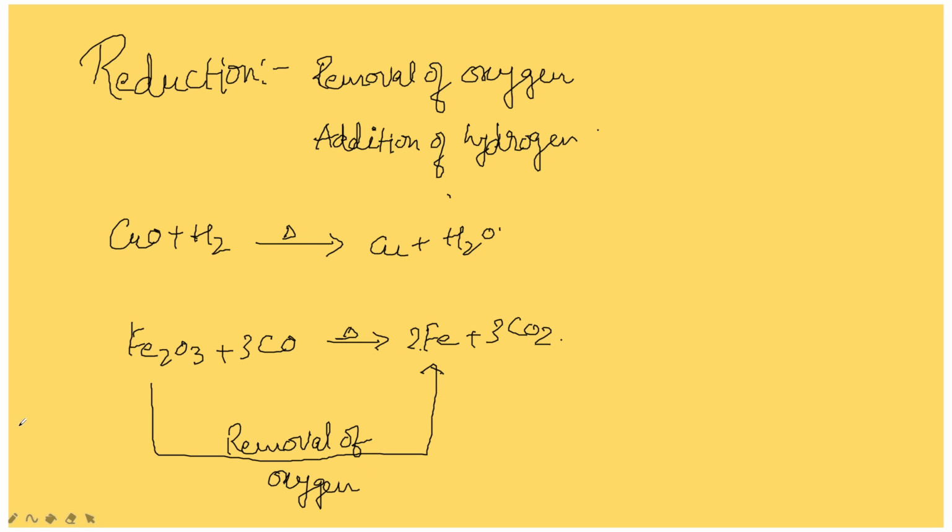Another example of reduction, you can see MnO2 plus aluminum gives rise to Mn plus Al2O3. Al2 is there.